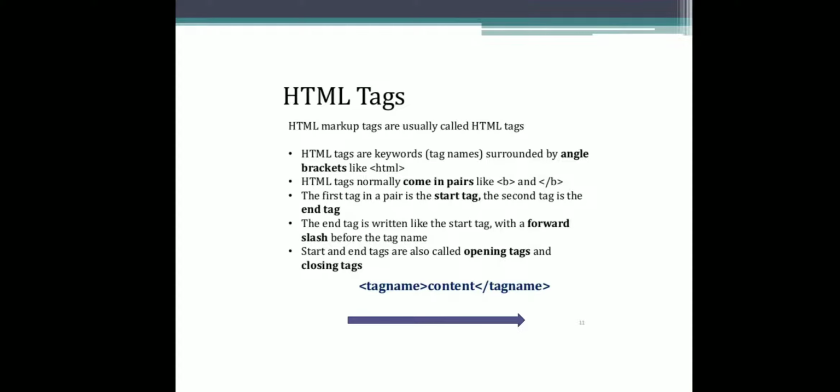The starting tag and the end tag should begin with tag opening and slash closing. The starting and ending tags are also called opening tag and closing tag. The general syntax is shown here: tag name, content, then close the tag name.